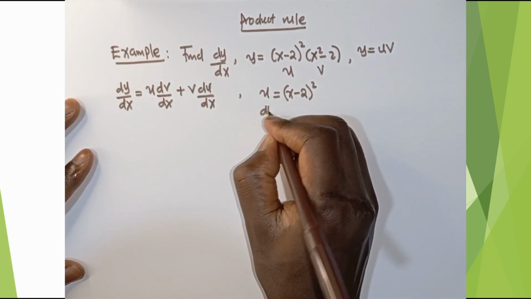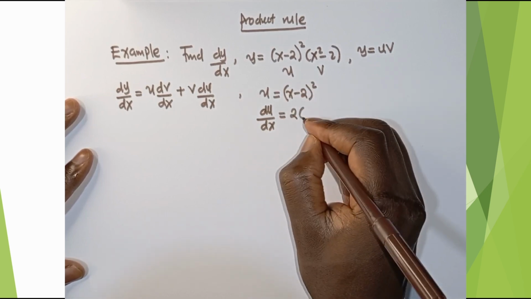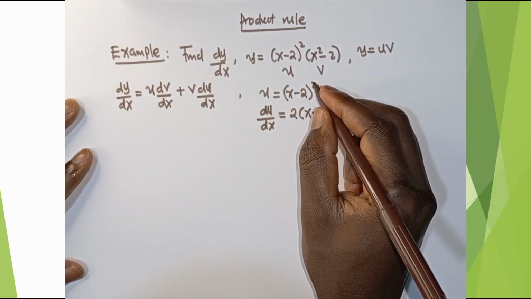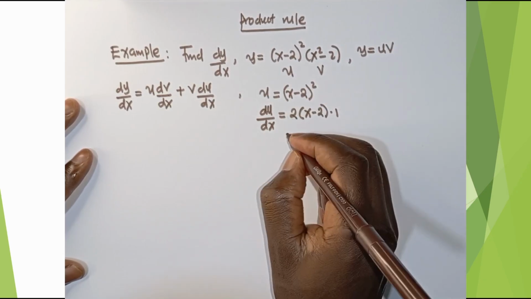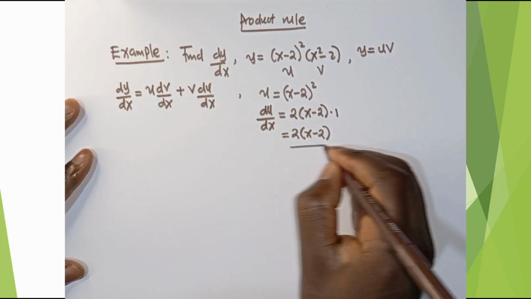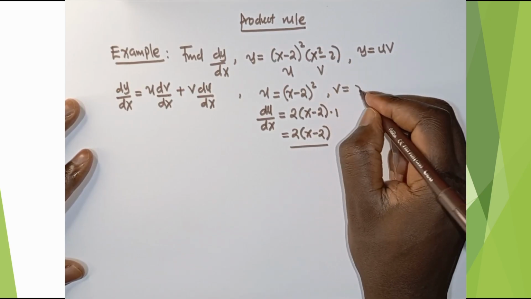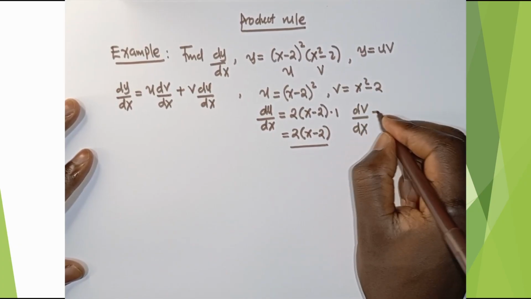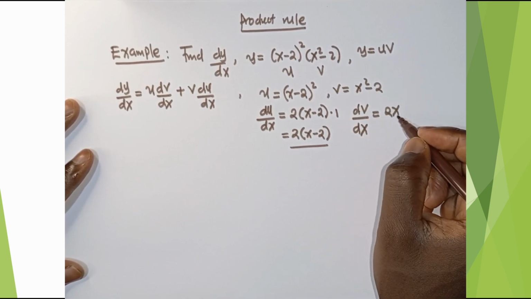So we get du dx as: drop the power 2, leave whatever is in the bracket alone, reduce the power by 1, it becomes 1, times the derivative of what is inside, which is 1. So this ends up being 2 into (x minus 2). That's our derivative there. Our v is x squared minus 2, so dv dx is 2x: drop the power, reduce the power by 1.